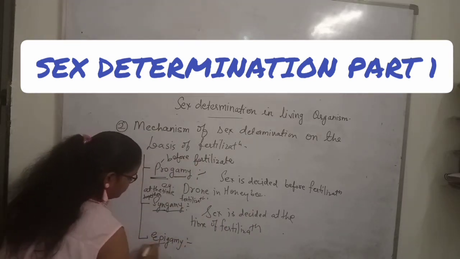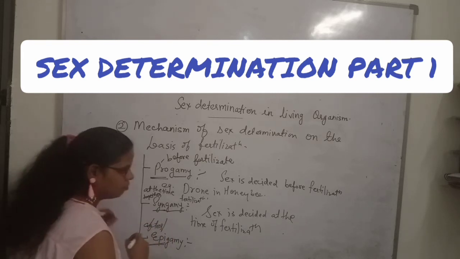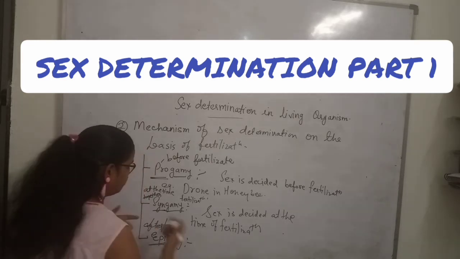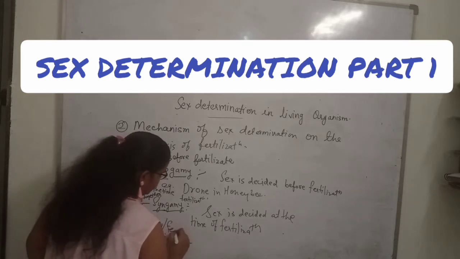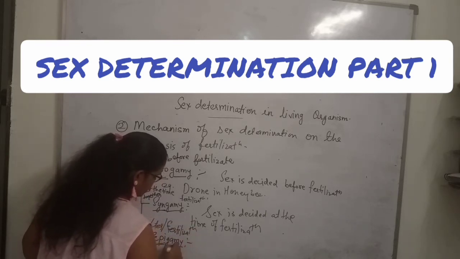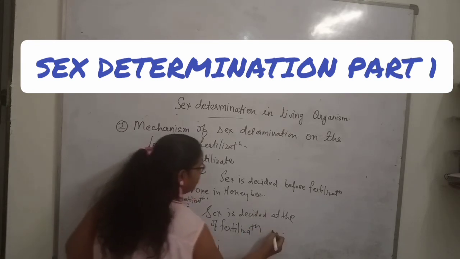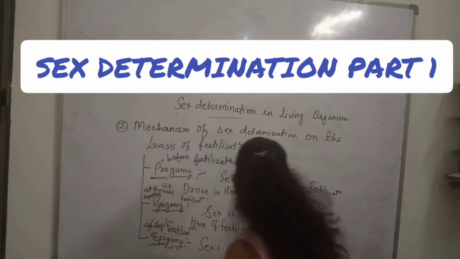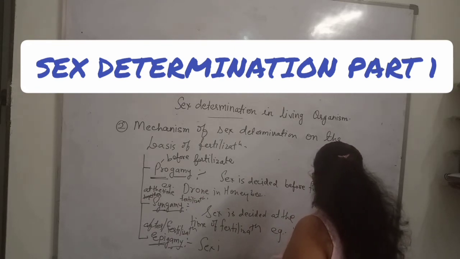Epigamy: epi means after, or above. You can say after fertilization. Gamy means fertilization. Example of syngamy is human beings, many animals, plants.